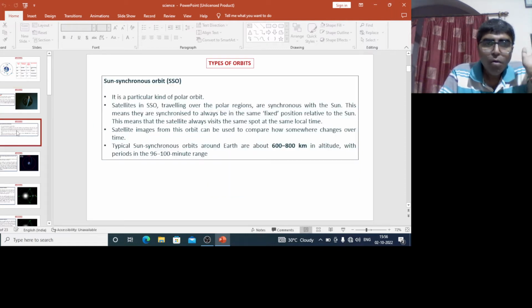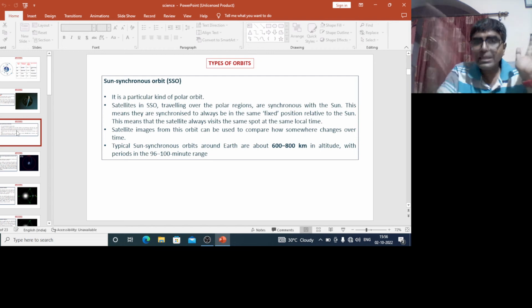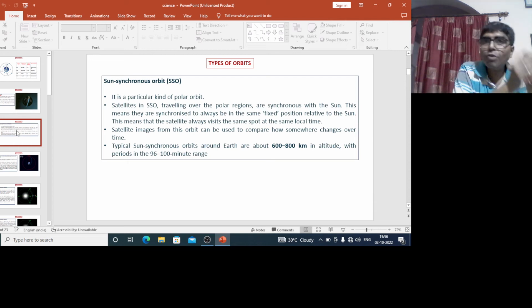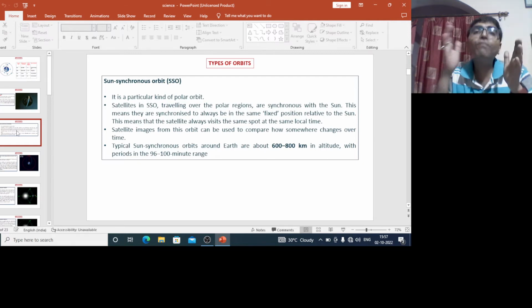Now, when we see the sun synchronous orbit, this is also a LEO, low Earth orbit. So low Earth orbit, polar orbit, sun synchronous orbit, all can be known as low Earth orbit. And if you go to the range, you will find the range at which it is launched for the low Earth orbit.